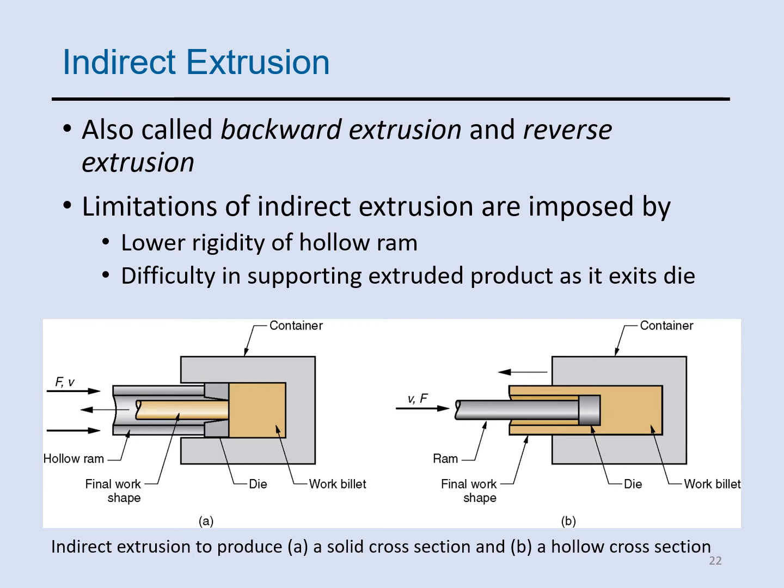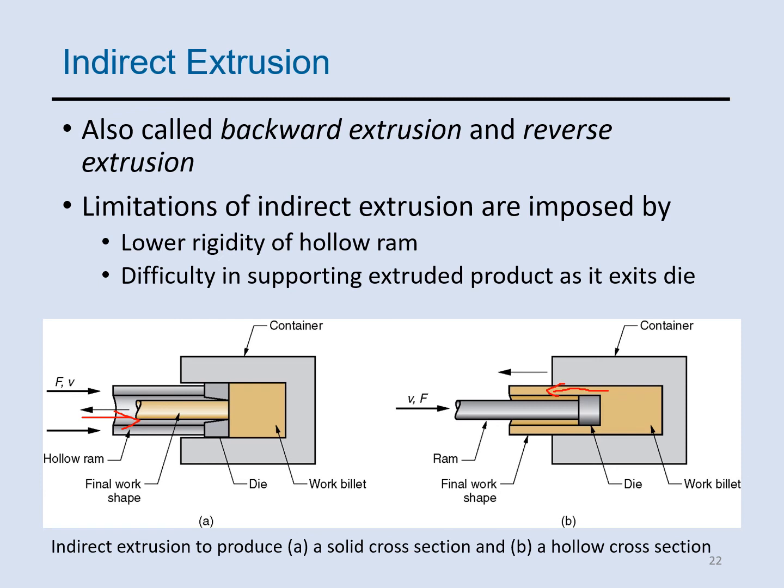In indirect extrusion, which is also called backward extrusion or reverse extrusion, we have a ram that penetrates into the work, and the metal is forced to flow through the clearance in a direction opposite to the motion of the ram. So the ram is moving this way, and the part flows this direction.